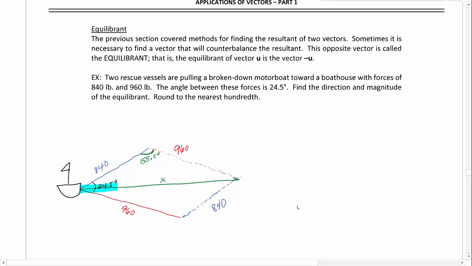So I'm going to focus on solving this triangle. So I'll make my breakout triangle to the side. Looking for our bottom side x.